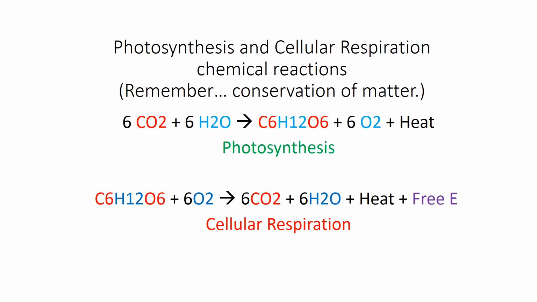Okay, these are two equations you must know. And if you look at them carefully, you will see that they are basically reverse of each other. We have already looked at photosynthesis, where we take two simpler molecules, CO2 and water, or carbon dioxide and water, and using the energy of light, we are going to make sugar molecules and have oxygen as a waste product.